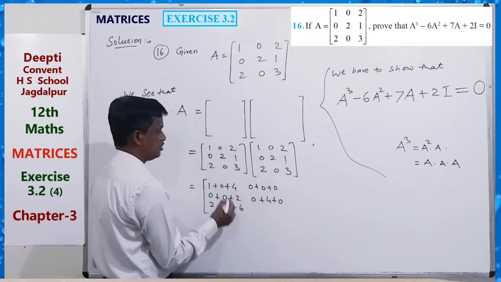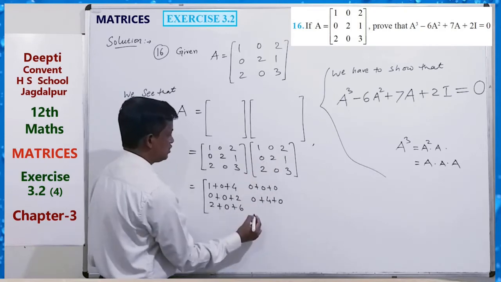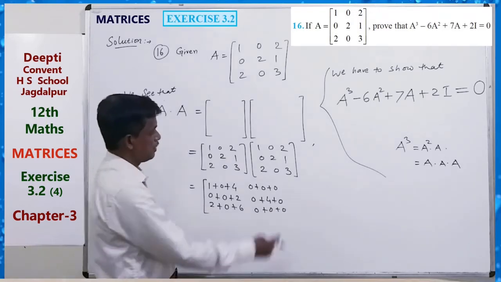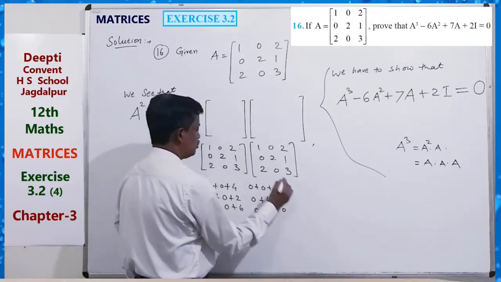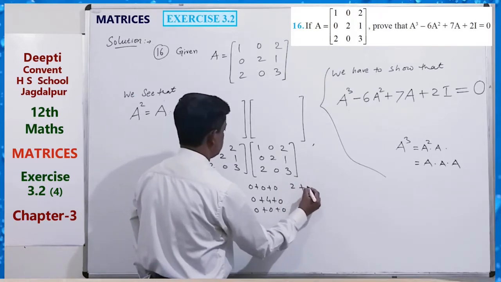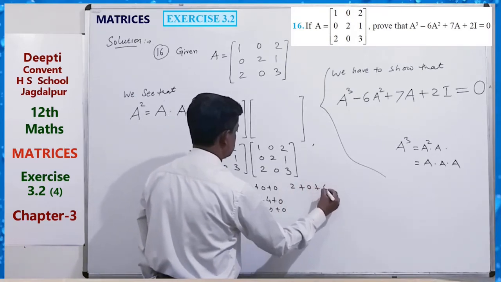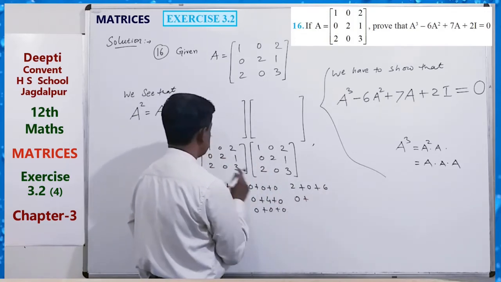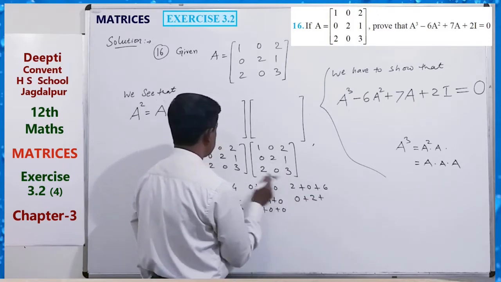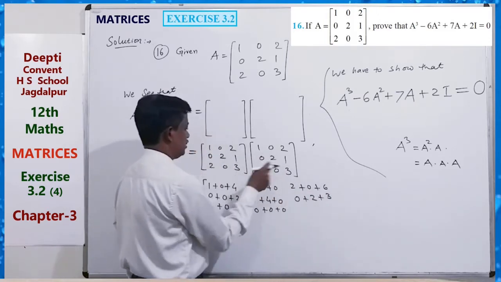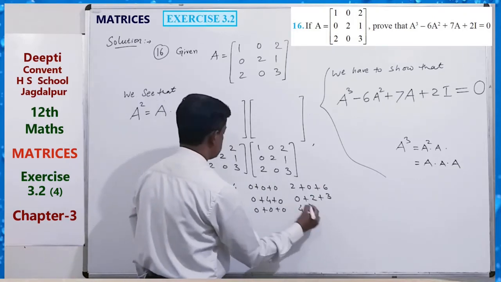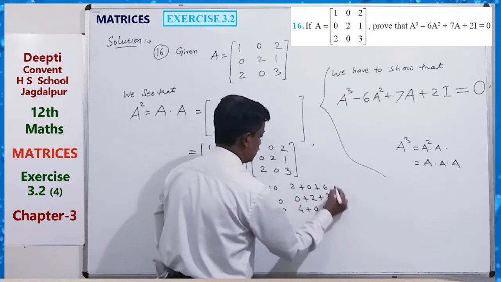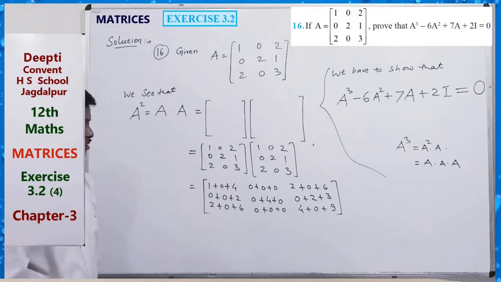Similarly 2 into 2, 2 into 1, 2, plus 0 into 1, 0, plus 2 into 3, 6, and 0 into 2, 0, plus 2 into 1, 2, plus 1 into 3, 3. Here 2 into 2, 4, plus 0 into 1, 0, plus 3 into 3, 9. This is multiplication, row by column.